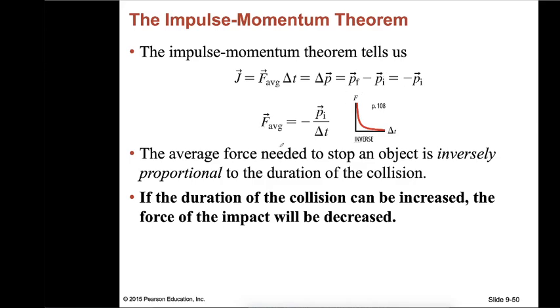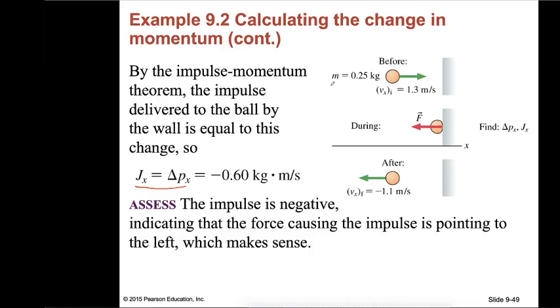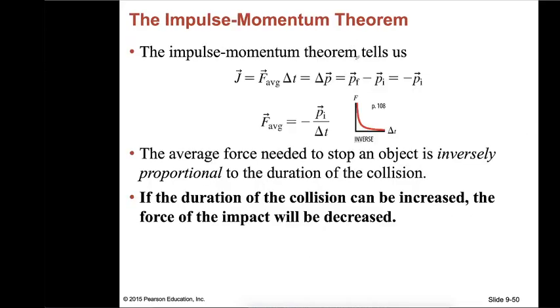If we want to stop something, that means P final equals 0. Then the impulse should be negative P initial, or negative initial momentum.